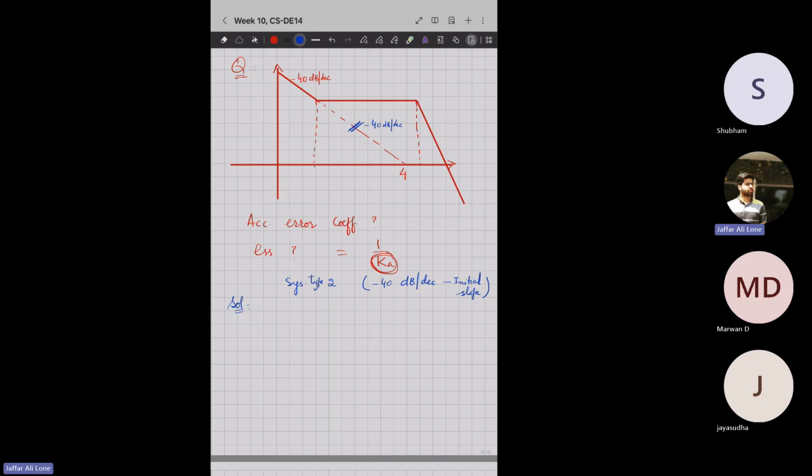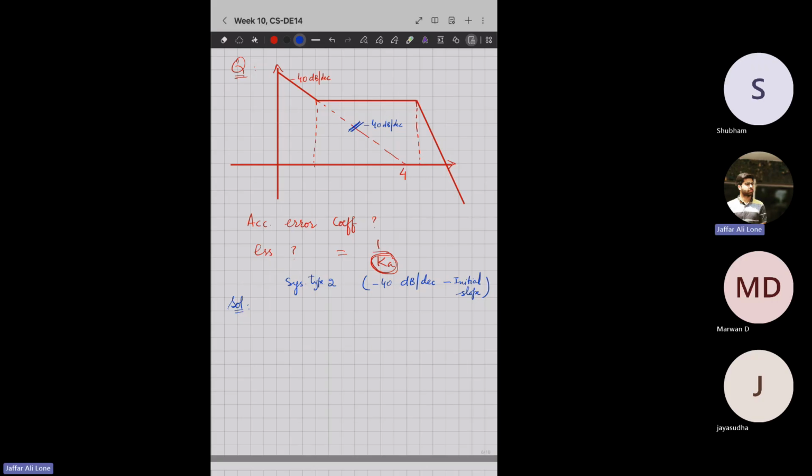So now, everybody, please try to solve this question. It's a very easy question. You have to find the acceleration error coefficient. When I'm asking you to find the acceleration error coefficient, it means obviously the steady state error is finite. Then and only then will the acceleration error coefficient come.